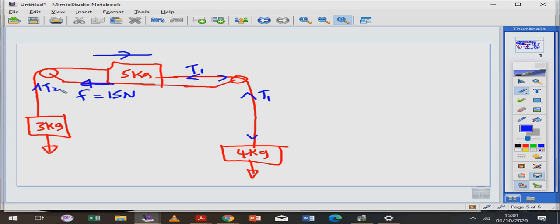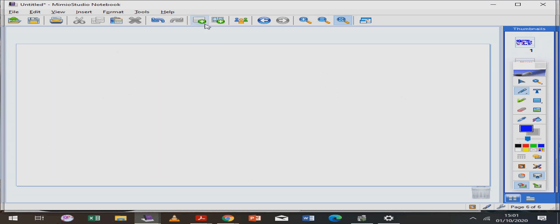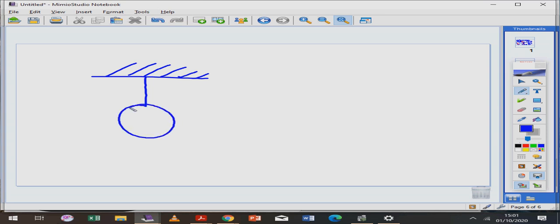and also to find tension 2, and also the acceleration of the system. So you're finding 1 acceleration, 2 the values of T1 and T2. So that's one of 2 questions. The second question is also a simple one. You have a pulley, it's tied to some building used to lift things.